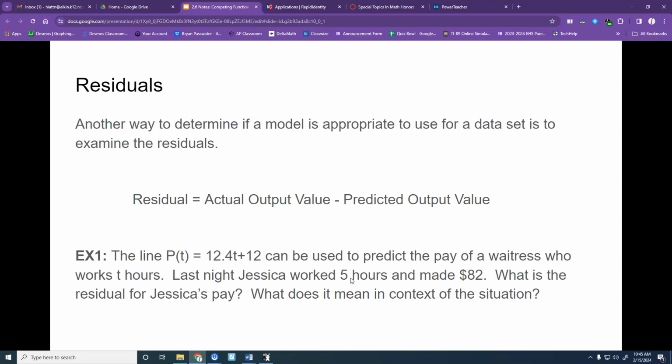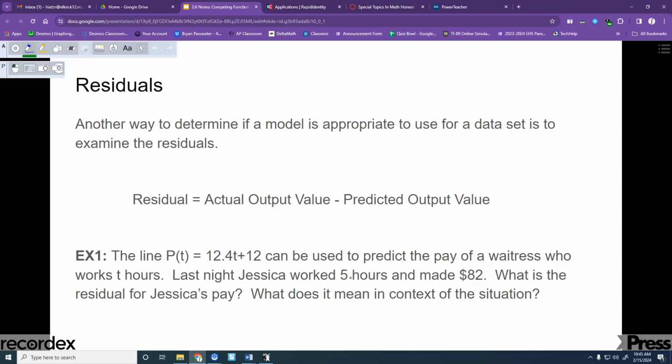So first of all, residual is going to be actual minus predicted. What was Jessica's actual pay? 82, right? How do we find her predicted pay?